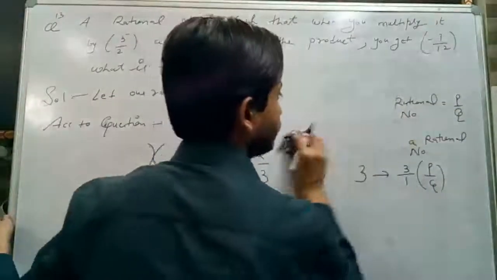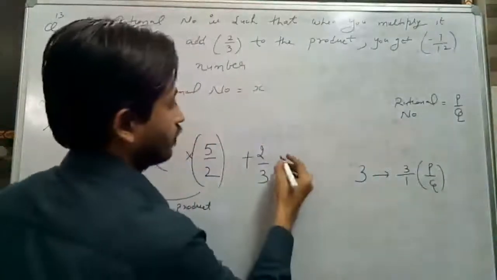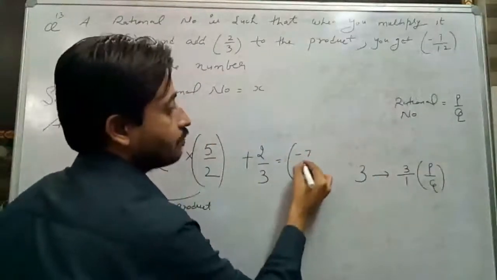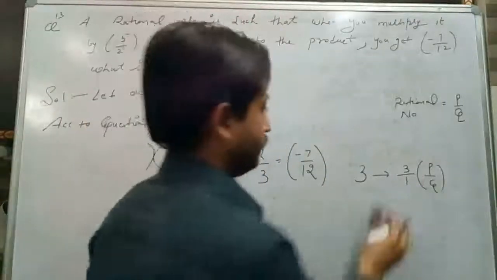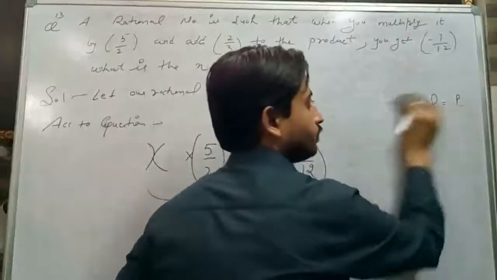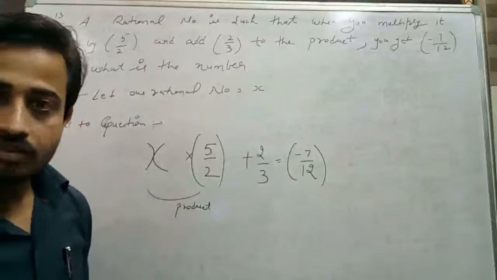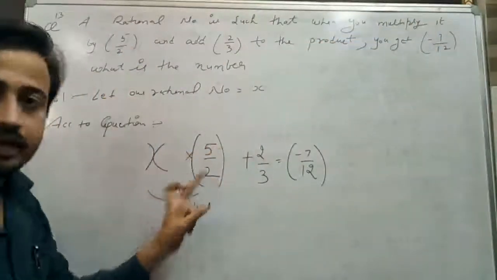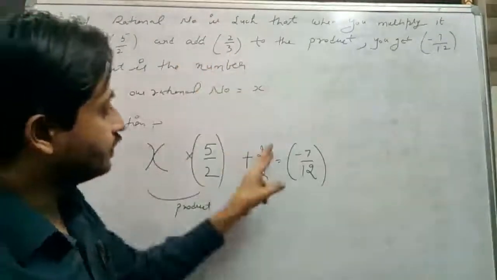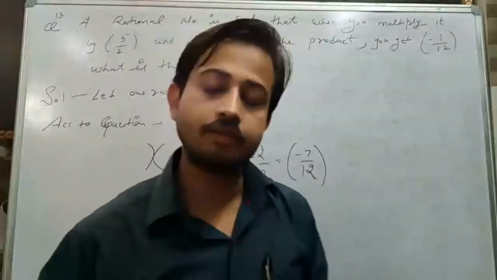We get minus 7 by 12. So if we multiply it by 5 by 2 and add 2 by 3, we get minus 7 by 12. It means our question is solved.